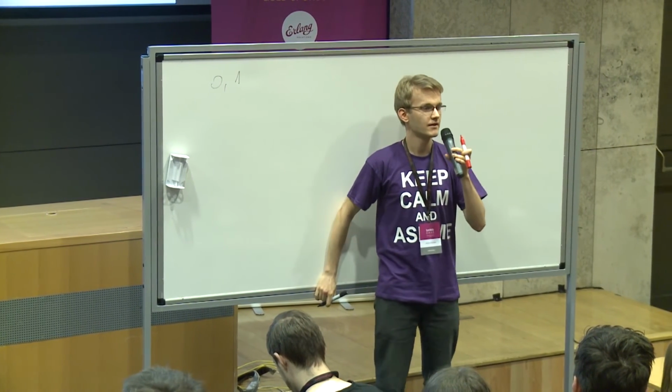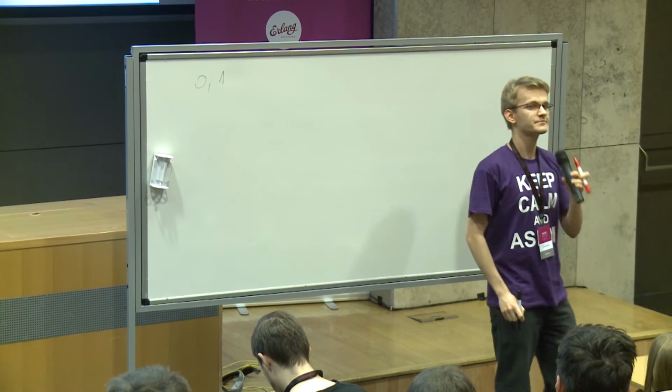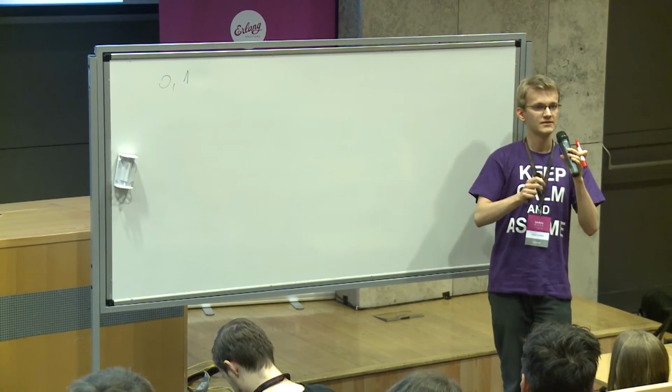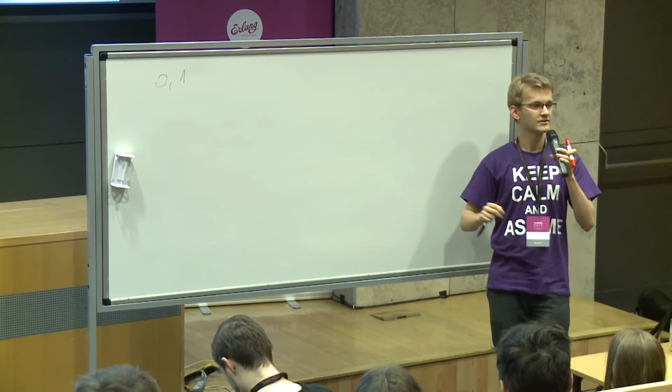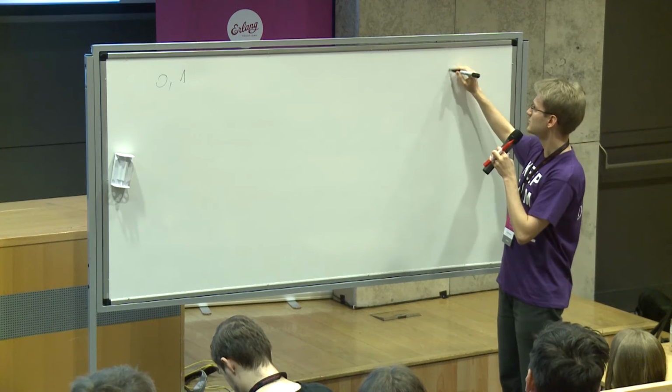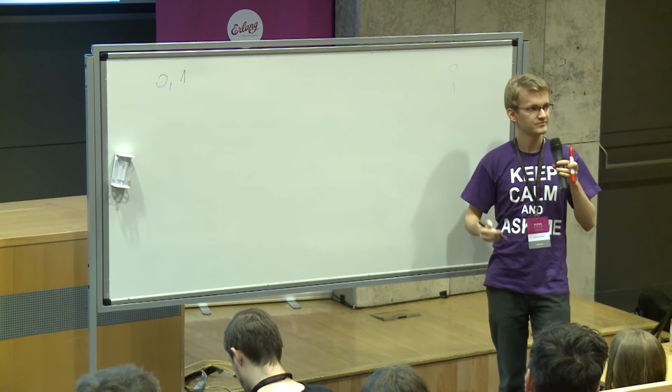But if I have a quantum computer, every bit, let's say qubit, is not either 0 or 1, because it can be 0 and 1 at the same time.